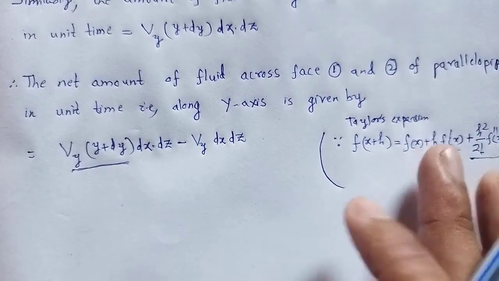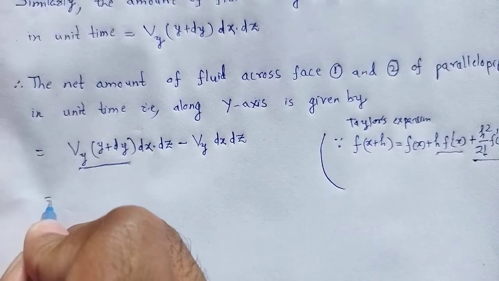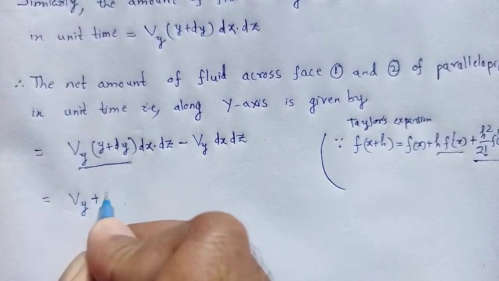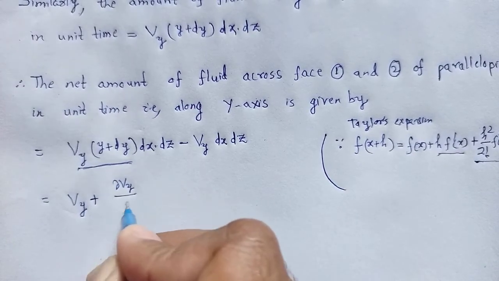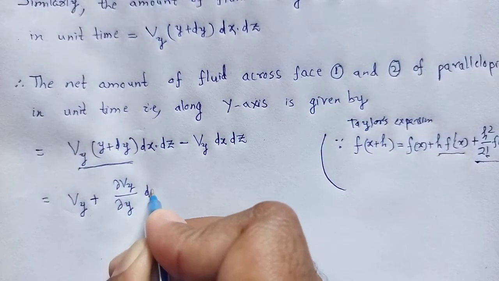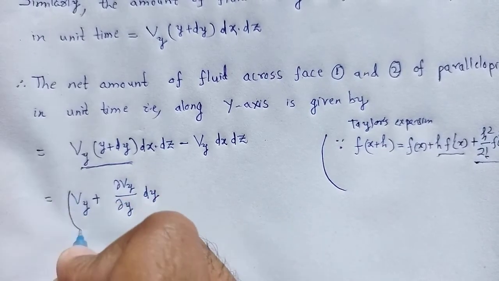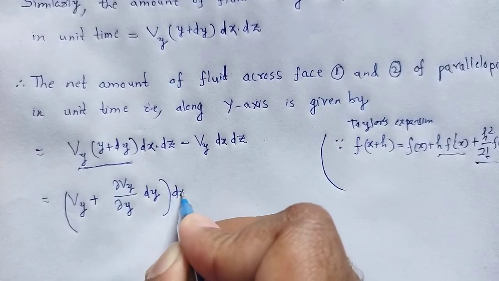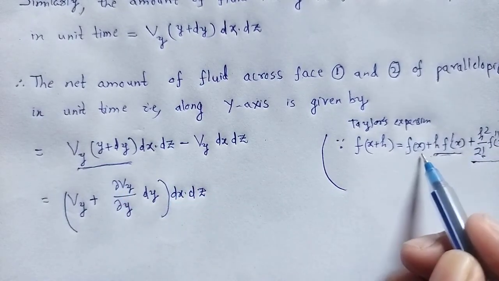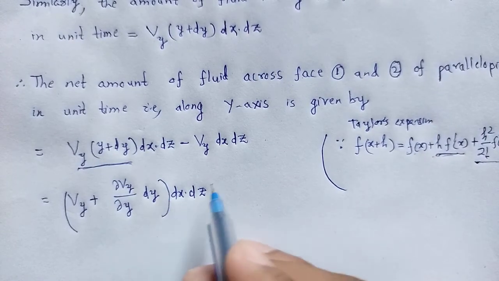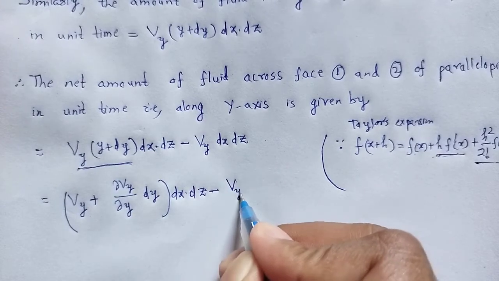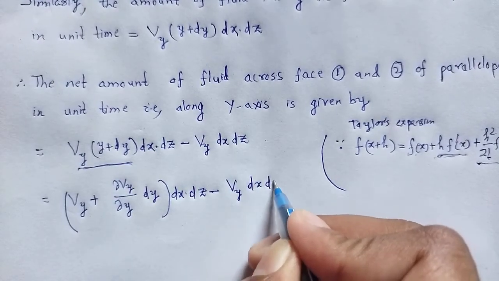So we have Vy plus del Vy by del y dy into dx dz, just the first and second terms, further terms are neglected, minus Vy dx dz.